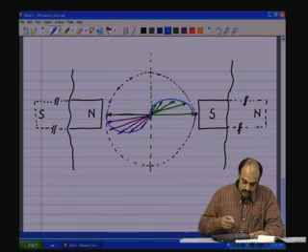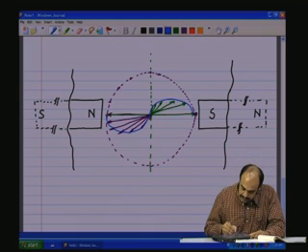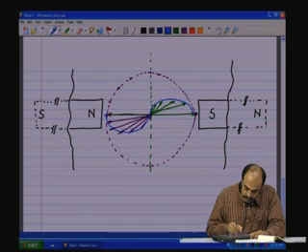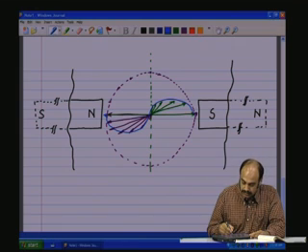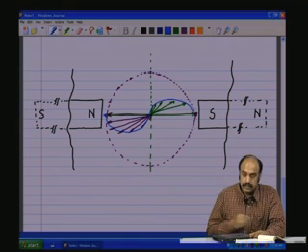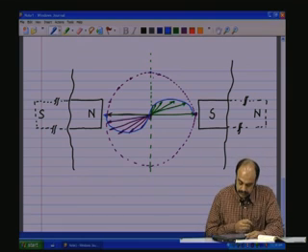Now, with a maximum when it is at the north pole, negative maximum when the point is at the south pole, 0 at both the orthogonal points.